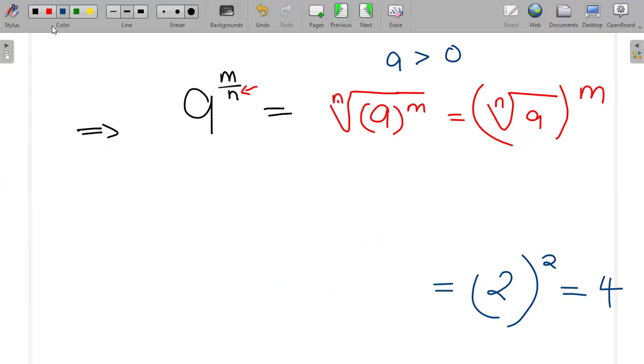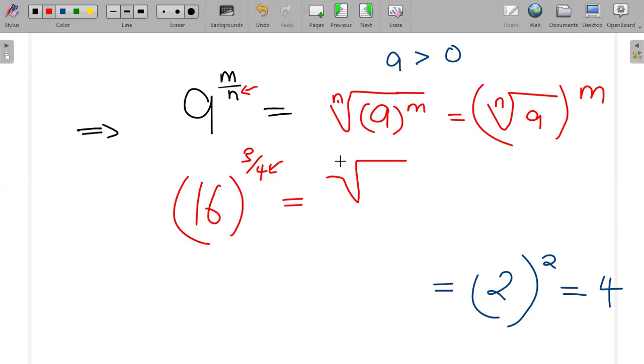Okay, so let me give another example. Let's say I have 16 raised to power 3 over 4. Now you see that the denominator is 4, so that's called the fourth root. So it will be the fourth root of 16 and then to the power 3. But if you want, you can actually put the 3 inside like that. I prefer it like this because it's easier to manipulate. So what is the fourth root of 16?